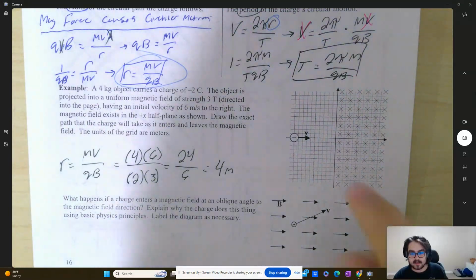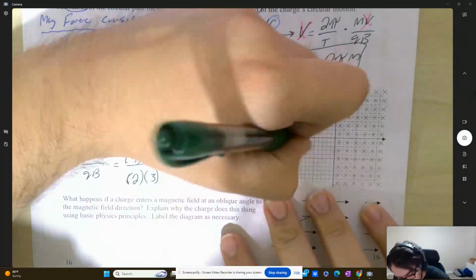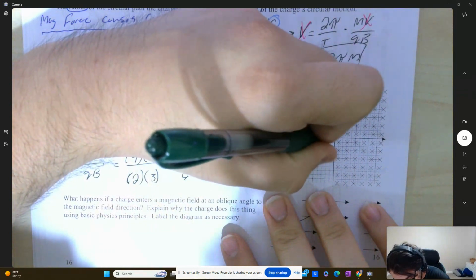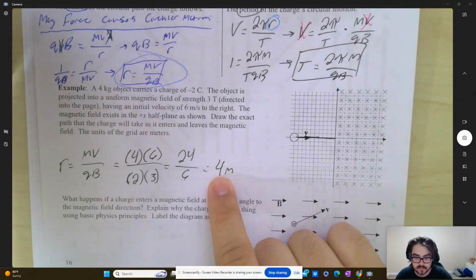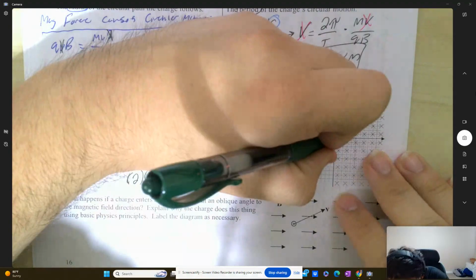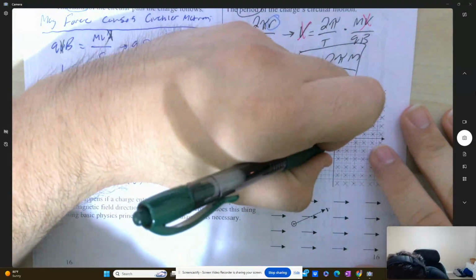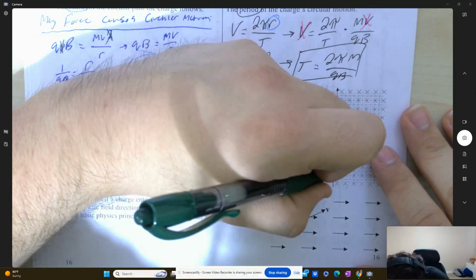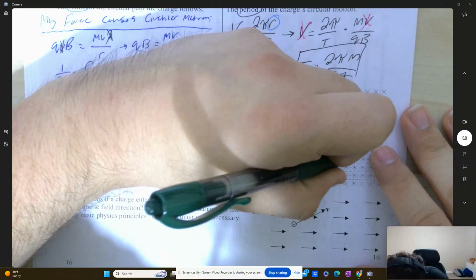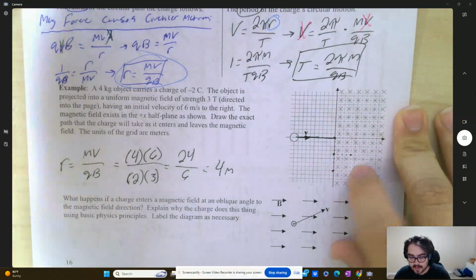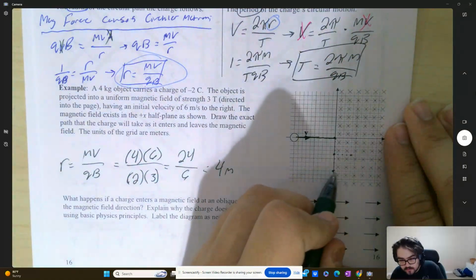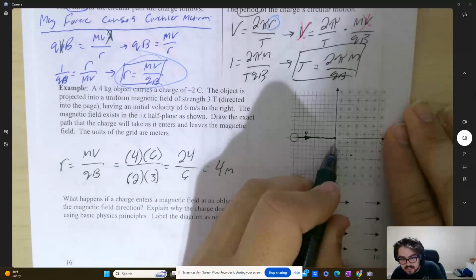So what that means is that it's going to keep going, keep going, and the moment it hits that B field, it's going to enter a circular motion, and that circular motion will have a radius of 4. So here's what I like to do. Count 4 spaces down: 1, 2, 3, 4. Notice that I've marked the points where the radius is 4 so that I can just draw the curves to create a circle of radius 4.